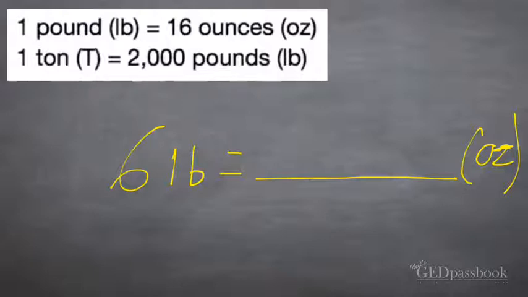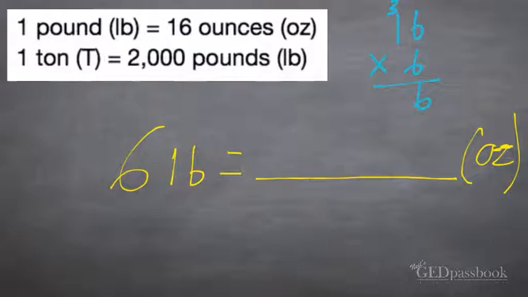You use this to your advantage, right? If we know there are 16 ounces in 1 pound, all we have to do is get that 16 and times it by 6. What's 6 times 6? 36. What's 6 times 1?